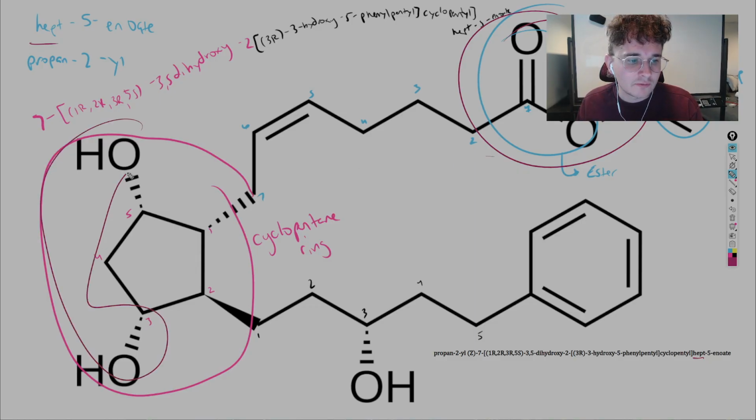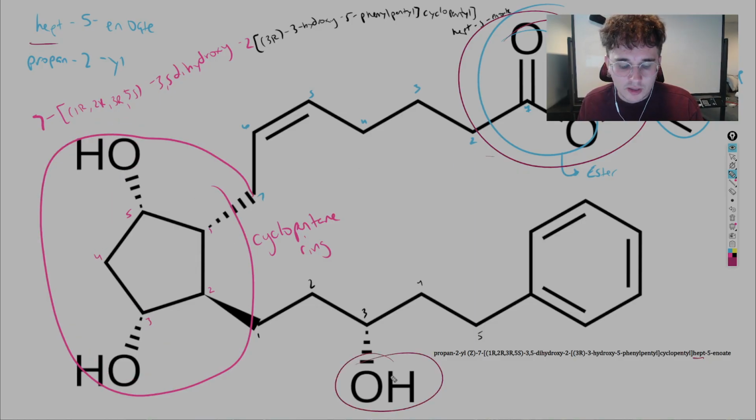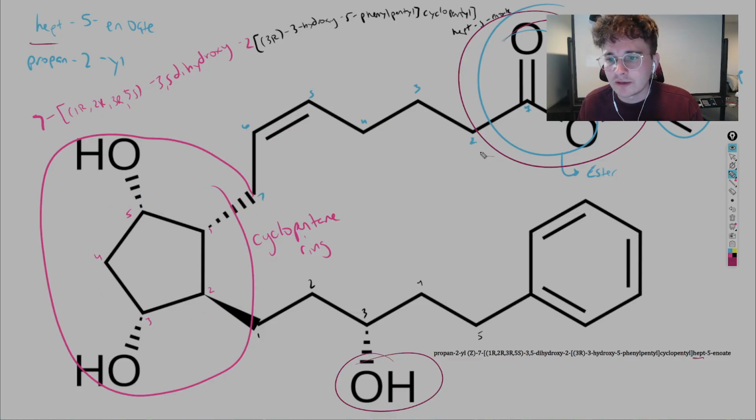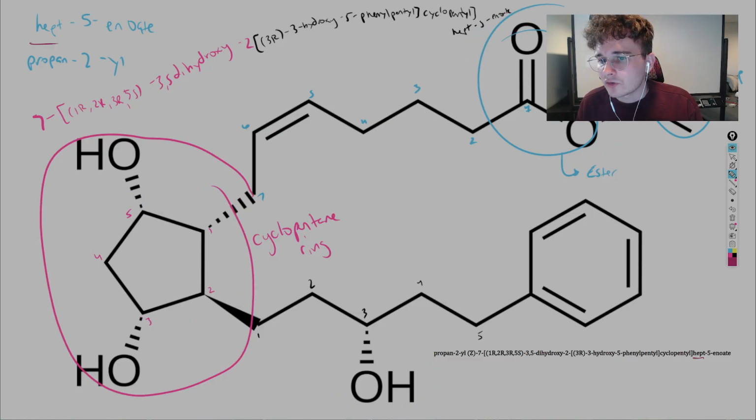We have 2 hydroxy, another hydroxyl group, and then a cyclopentane ring, a benzene ring, and then we have an alkene. And let's see, so the 5 comes from where the alkene starts. The enoate is due to having an ester, and then the propan-2 is due to this propyl group right here. So we have taken care of this right here.